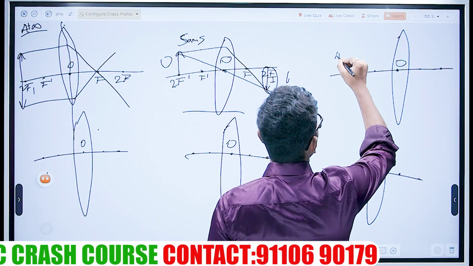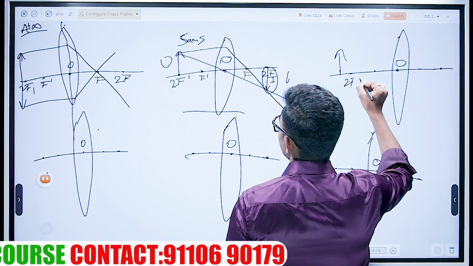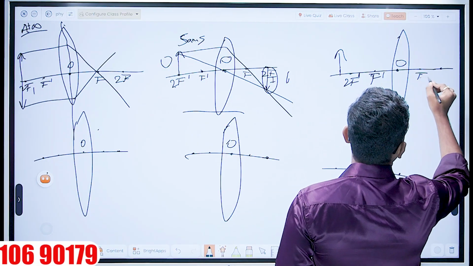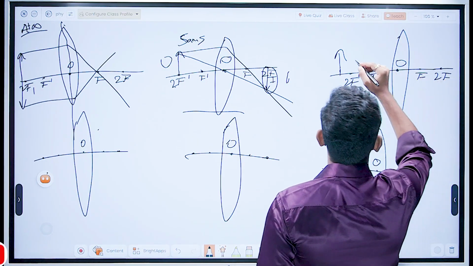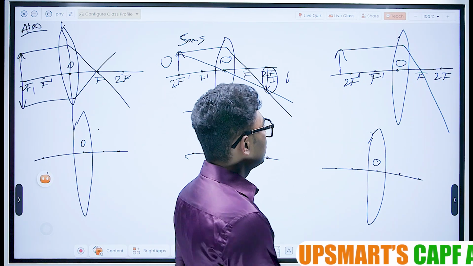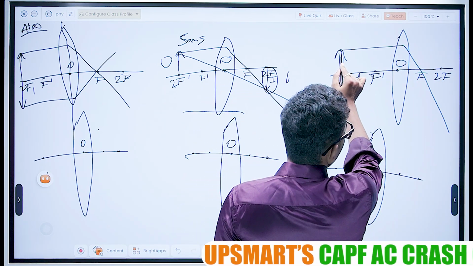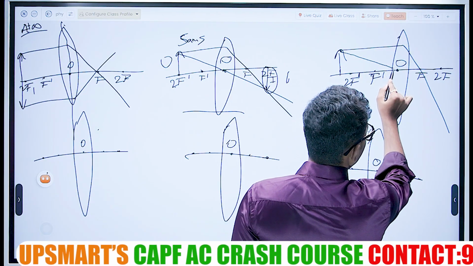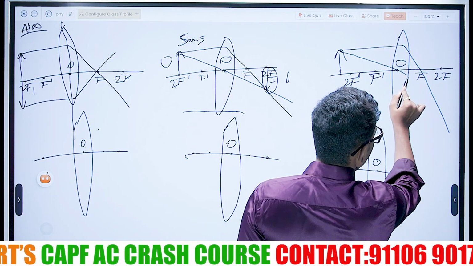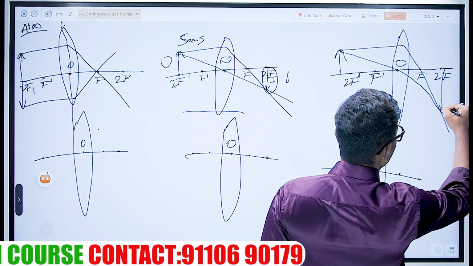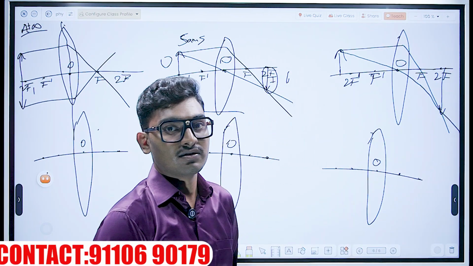So beyond 2F dash, F dash, F and 2F. When it is beyond, through the focus one ray will pass, the another ray will pass through the optic center. Somewhere here, beyond 2F.